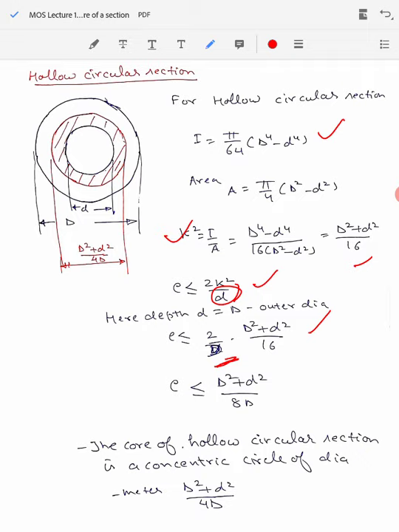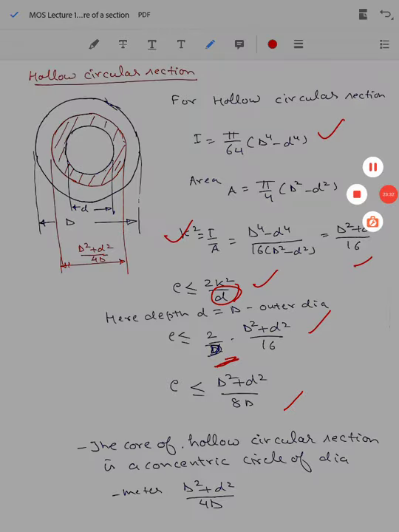That gives me the limiting value of eccentricity as less than or equal to D square plus small d square by 8D. Now this is the value of eccentricity on one side of the center, so the exact distance I can move around the center will be twice of it. So the core of the hollow circular section will be a concentric circle of diameter D square plus small d square divided by 4D, which is shown in this figure by this shaded area.